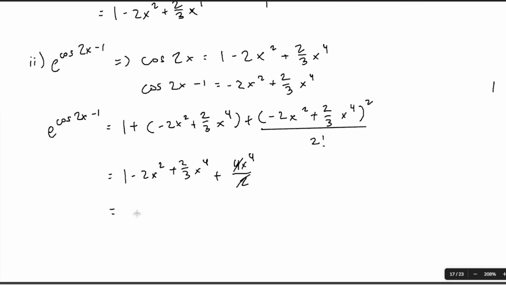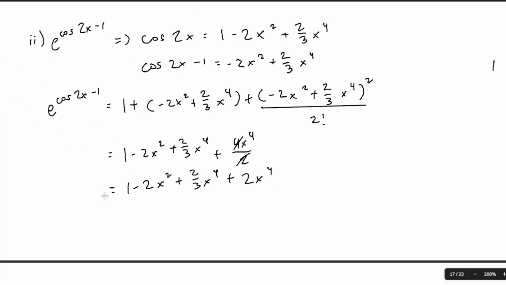Cancel this out, and we get 1 minus 2x squared plus 2 over 3x power 4 plus 2x power 4. And we can simplify this even further. So 1 minus 2x squared plus 2 over 3x power 4 plus, let's just make the denominator the same, so it would be times 3, 6 over 3x power 4.